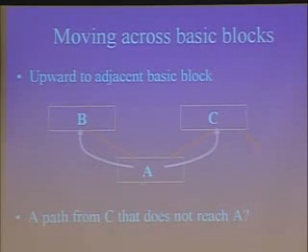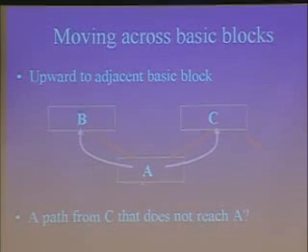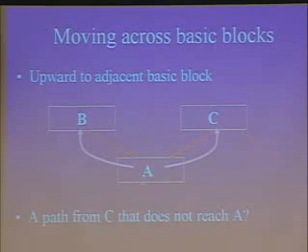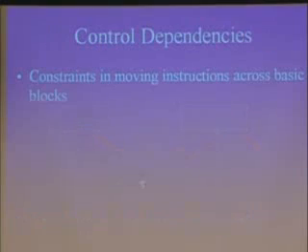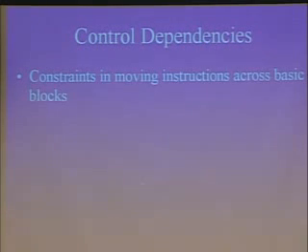You can't just keep moving things up and down. You have to have a lot of correctness properties. At worst, it's a correctness issue because you will write a wrong value. In the normal case, it's just extra work that you didn't need to do. So these control dependence constraints limit what you can move across blocks.